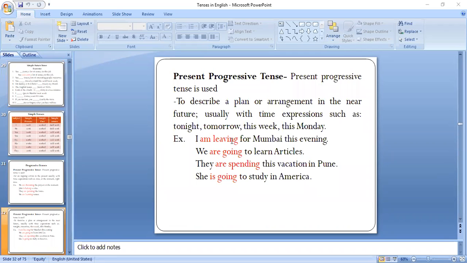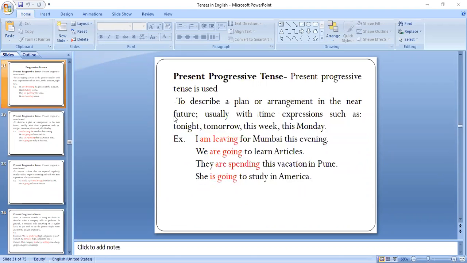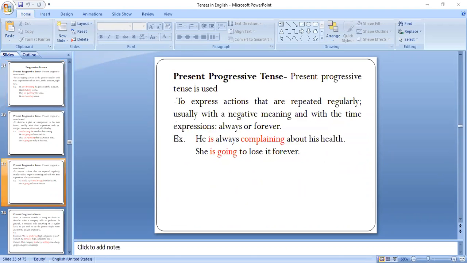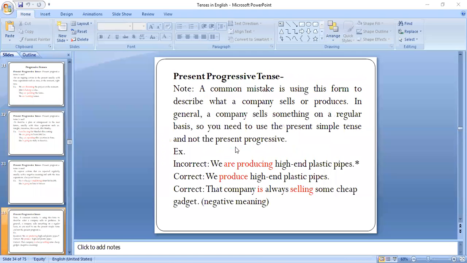Also we have seen in which condition or when we are using this present progressive tense. So that much from this lecture. We will see the next part of this tense in the next lecture.